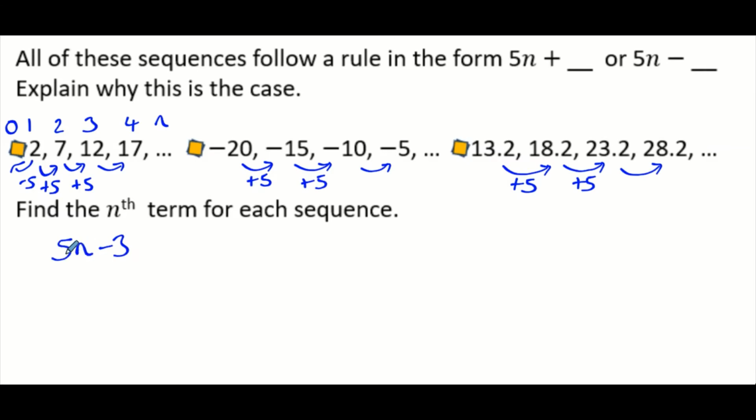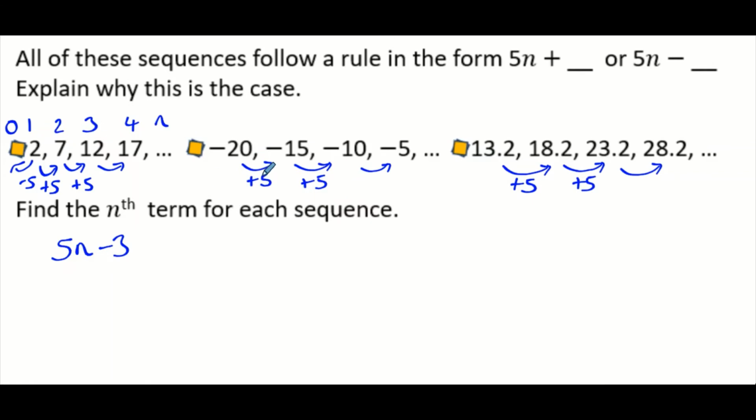And that does give us the nth term formula for this sequence: 5n minus 3. If n is 1, 5 times 1 is 5, take away 3 is 2. 5 times 2 is 10, take away 3 is 7. You can see how that's working.